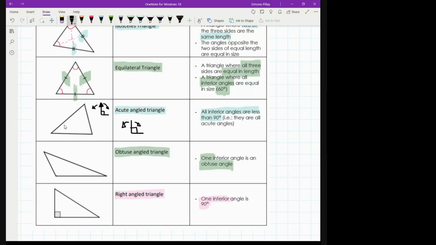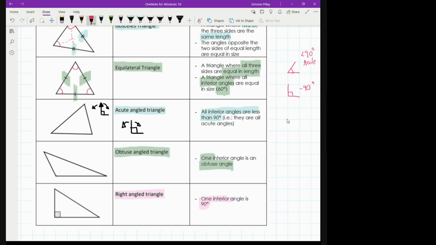Sure. When we have acute angles, remember when you learned about angles in grade 7, you would have learned about a right angle. And let me actually try and draw this straight. There we go. A right angle is 90 degrees. Then you would have also learned that anything less than 90 degrees is what we call an acute angle.